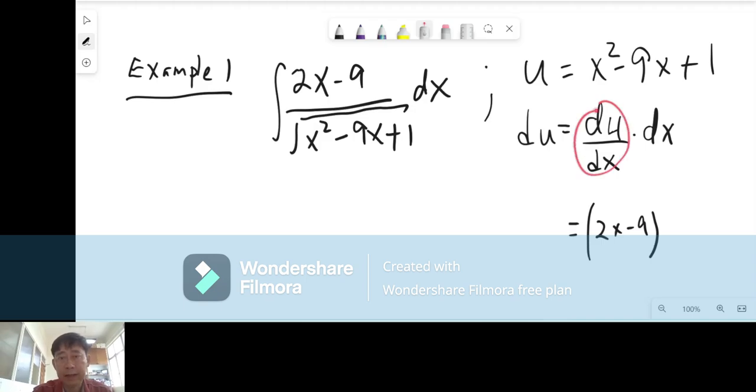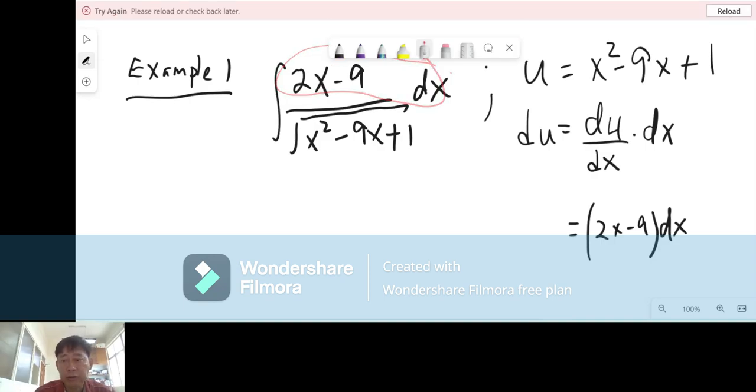So we have this term done, then we just fill up the dx. So it is very obvious that the product of the numerator function and dx is simply du. And the denominator function is simply the square root of u.